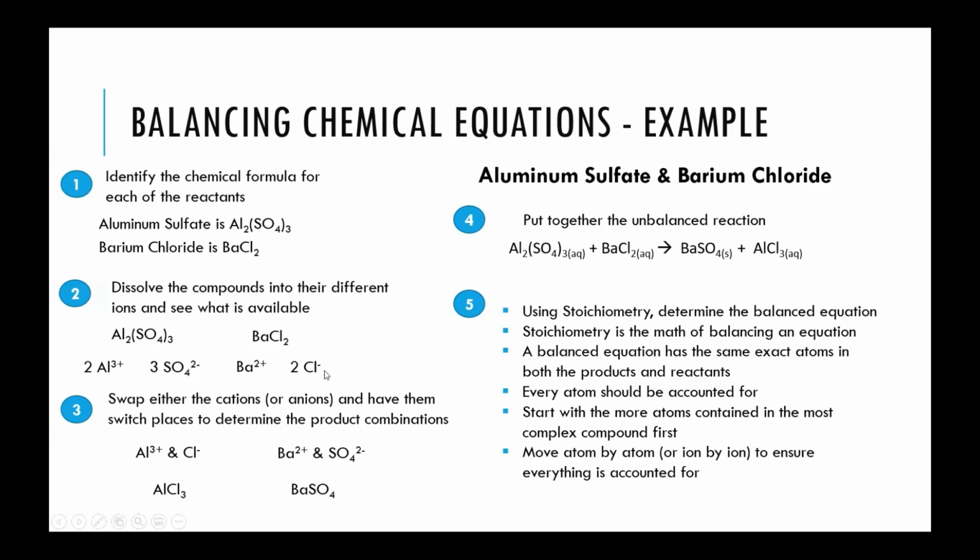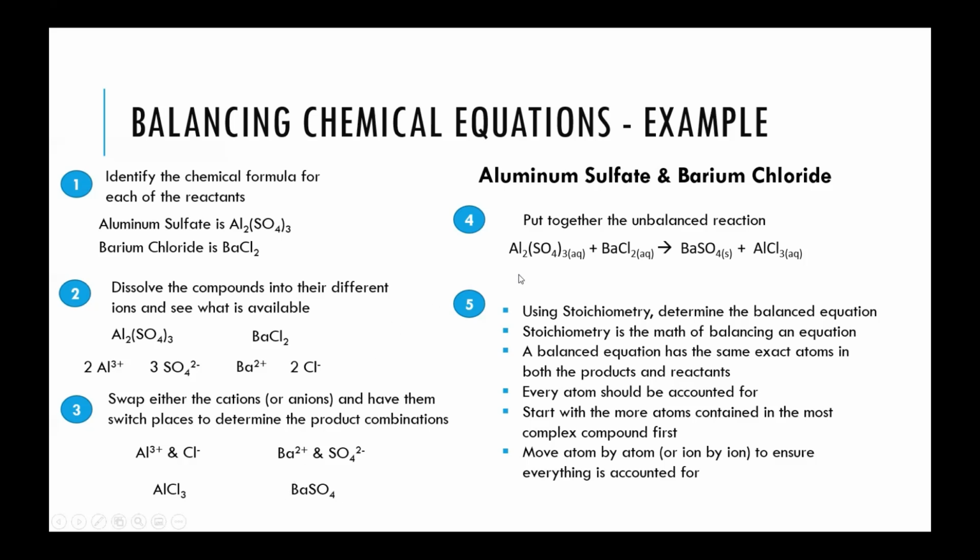So once you have all of these separated out, you know which ions you're actually working with, then you're mixing and matching to figure out what are the products of this reaction. And by swapping the cations or swapping the anions, you end up with this reaction will give aluminum chloride and barium sulfate as the products of the reaction.